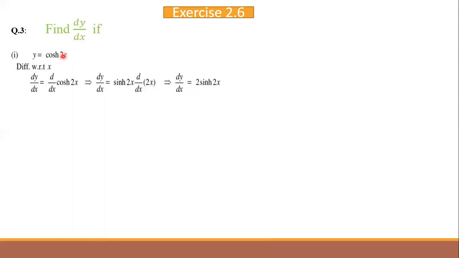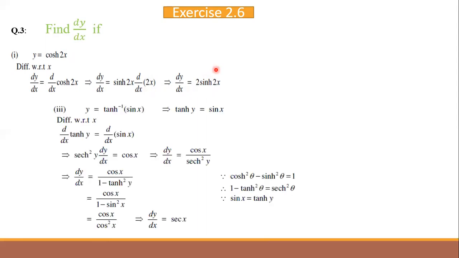So dy by dx is equal to 2 sinh 2x. The derivative of cosh x is sinh x, but we have to find the derivative of its angle, and here the angle is 2x, so the derivative of 2x is 2. The final answer is 2 sinh 2x.